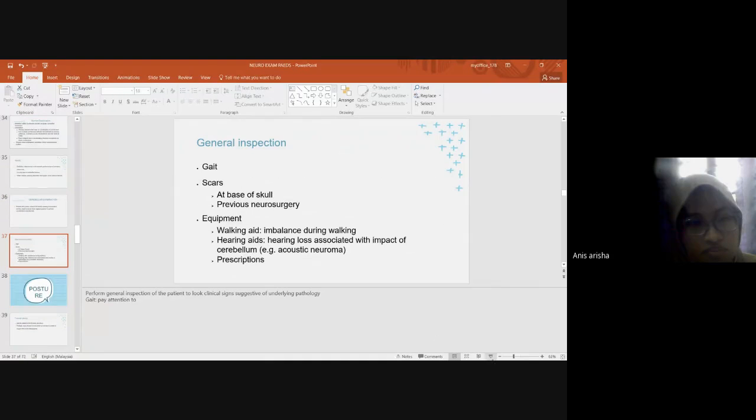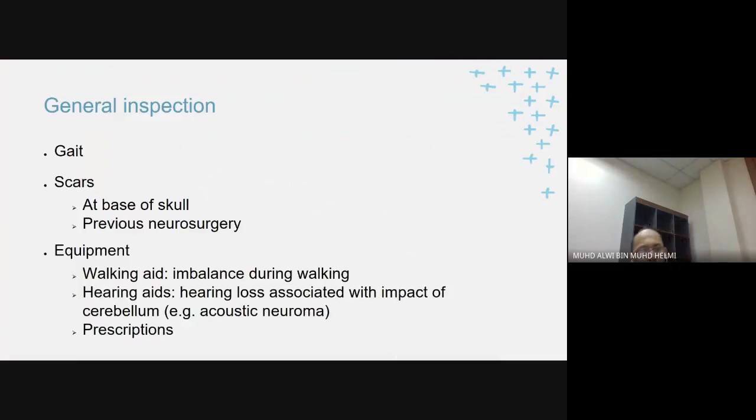General inspection: definitely you need to look at the gait. Ideally you don't want to burden the patient. It depends on the original position of the patient. If the patient is lying down when you meet the patient, then you start your examination from lying down.